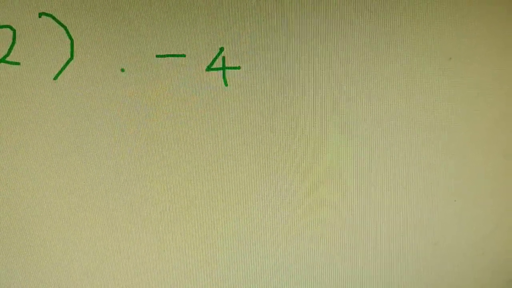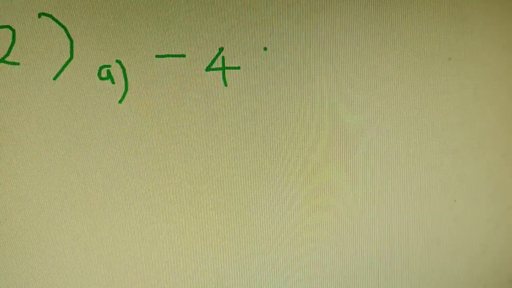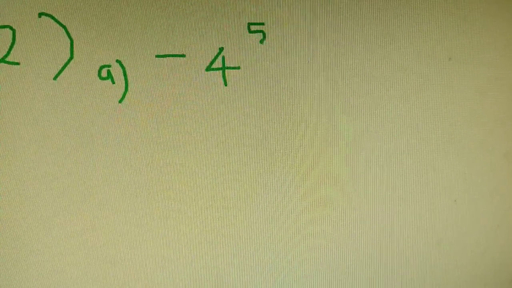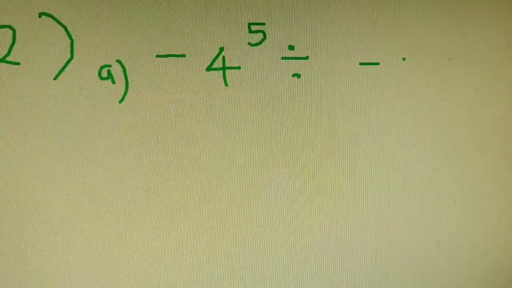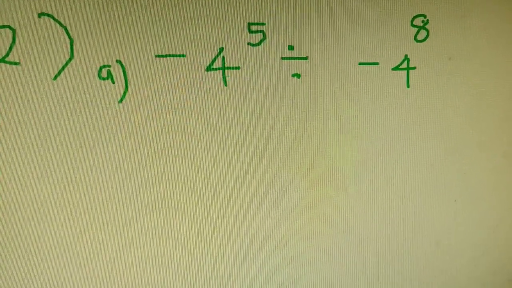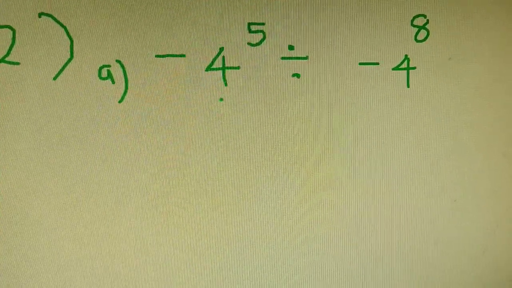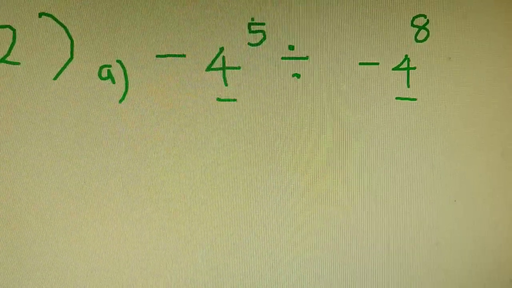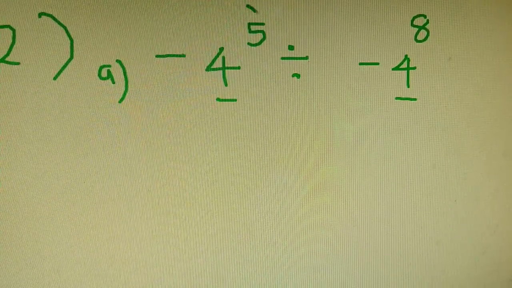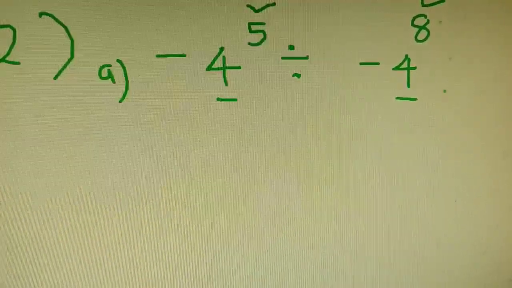So the first option, negative 4 to the power 5 divided by negative 4 to the power 8. Here we can see the bases are same, negative 4, but the powers are different. Powers are 5 and 8, that are different.